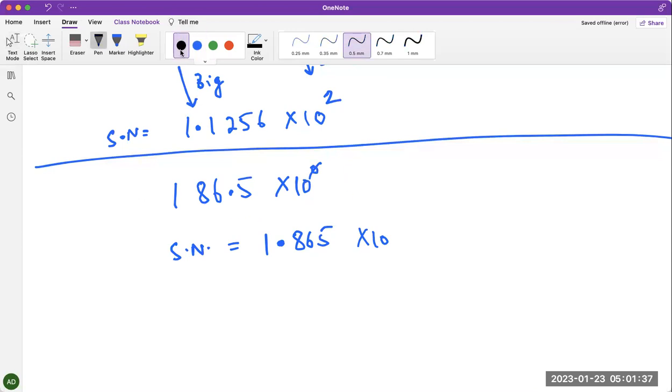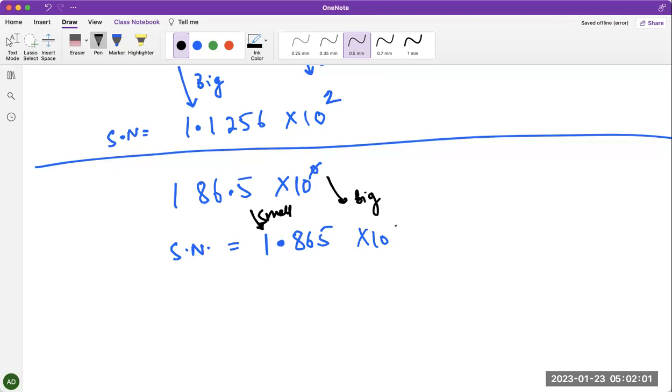186.5. Now let's go back to the same thing we were doing earlier. Decide if you made the number bigger or smaller. What did you do? You made the number smaller. 186.5 became 1.865. So this now needs to become bigger. 10 to the power 0 needs to become bigger. How much bigger? By 2, because you moved the decimal 2 places.